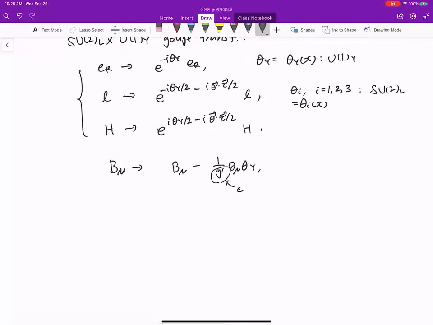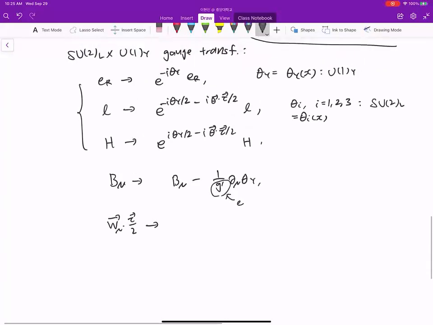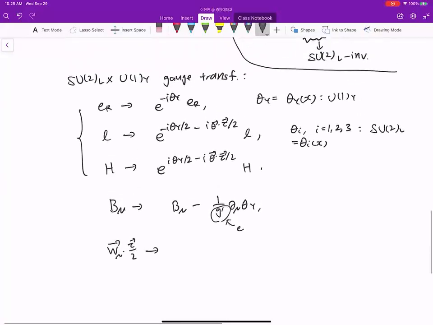And also the SU(2) transformation. So here, let me call the exponential SU(2) part U of theta.